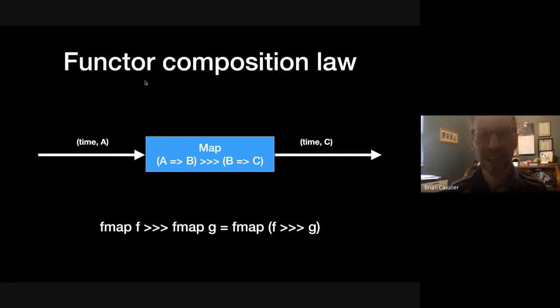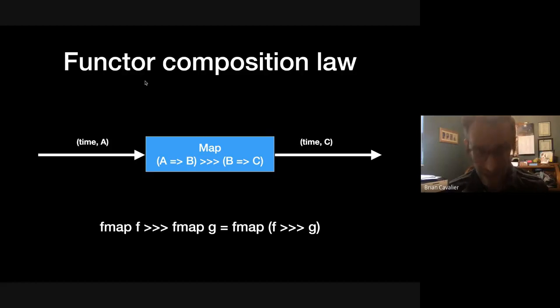And there's a functor composition law. The law says exactly what you just said. If you fmap f and fmap g over something, that's the same as fmap the composition of f and g over that thing.